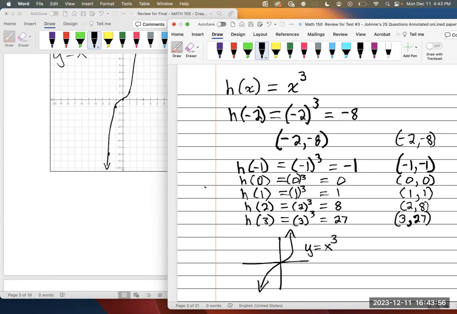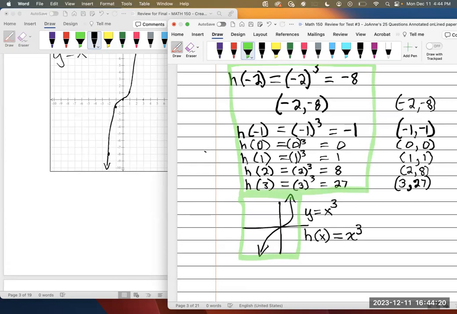We can write it as y equals x cubed, or in this case, h of x equals x cubed. Again, it's not h times x, it's the function named h. It's going to take one variable that we call x. And then here's our graph. Here's what our chart would look like. There we go.